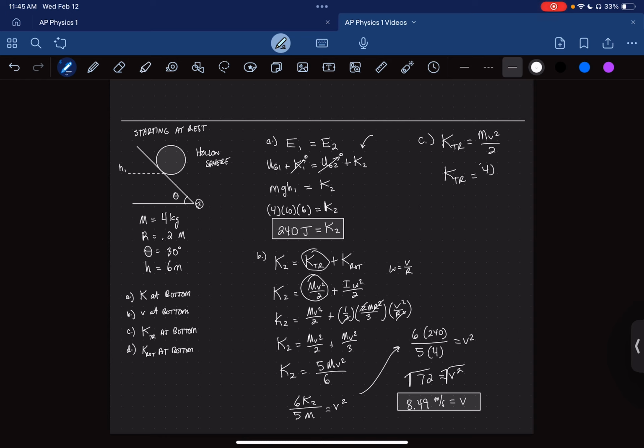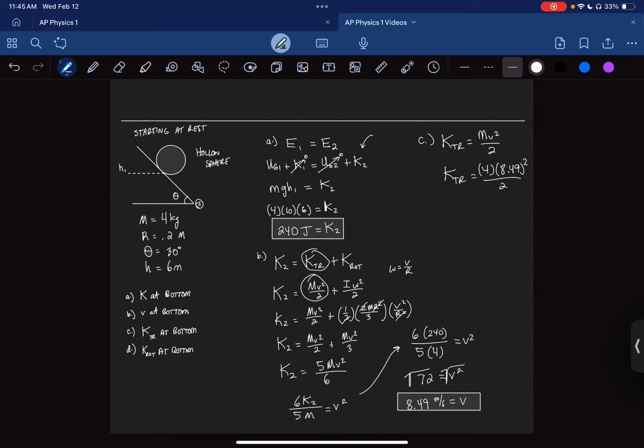This is 4 times 8.49 squared over 2. And that comes out to 144 joules.